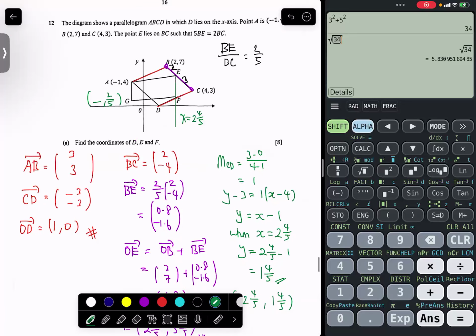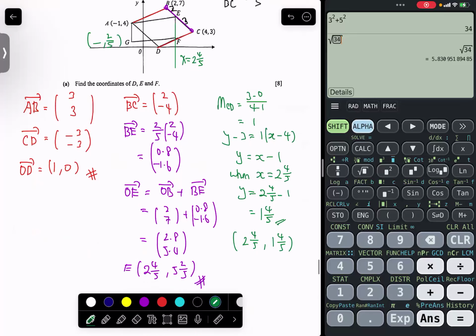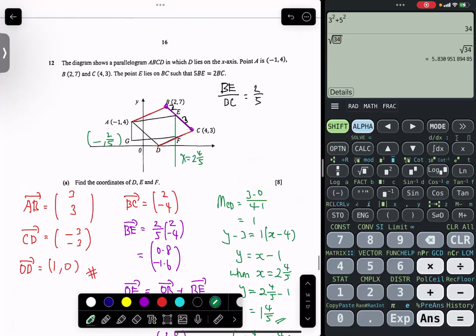Looking at the y-axis, E was 5 whole 2 fifths. So 5 whole 2 fifths minus 1 whole 4 fifths equals 3 whole 3 fifths. So here, AG is also 3 whole 3 fifths. Because it's a straight line, this is negative 1.